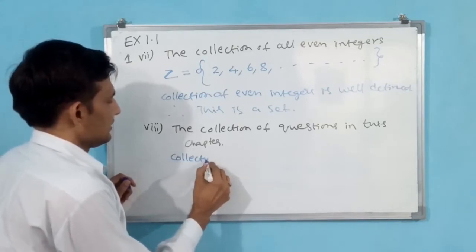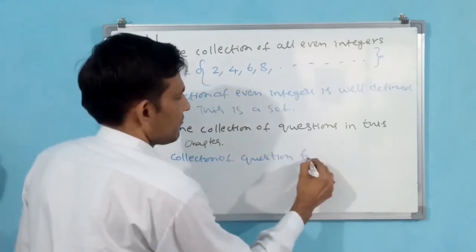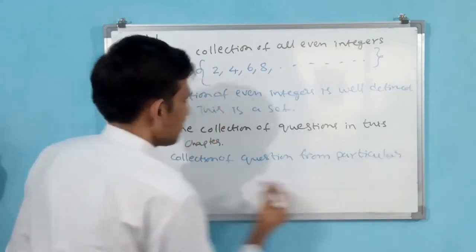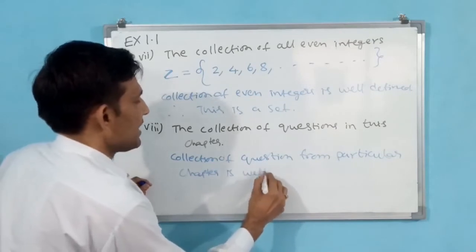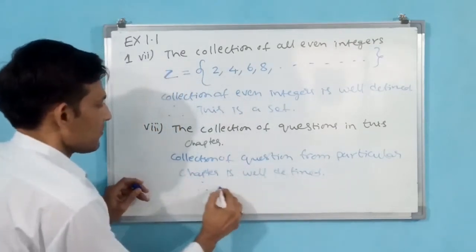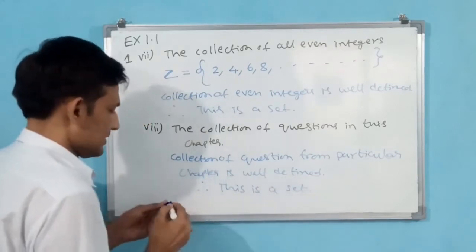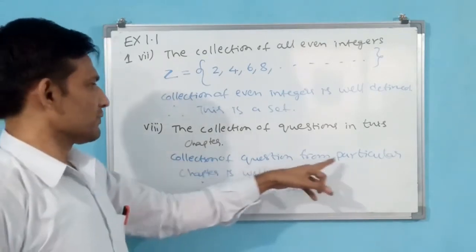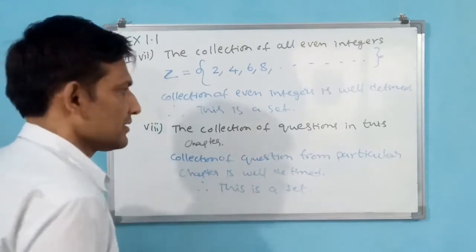Collection of questions from a particular chapter is well defined. Therefore, this is a set. Okay. The collection of questions from a particular chapter is well defined. Therefore, this is a set. Okay, this is the answer.